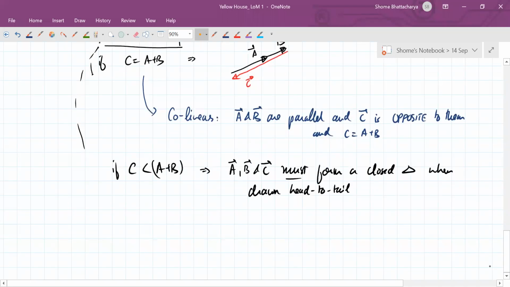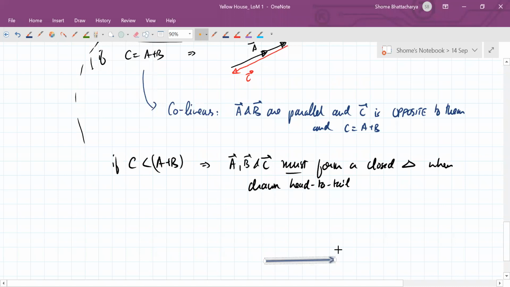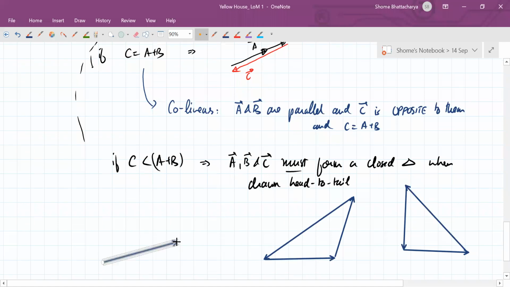Okay, so here the condition will now become that wherever B is, but then C has to be like this. It could be like this, it could be like this, it could be so many different types of vectors.